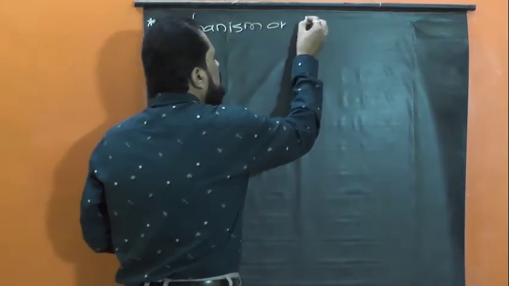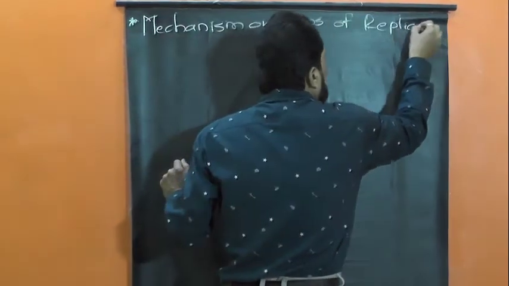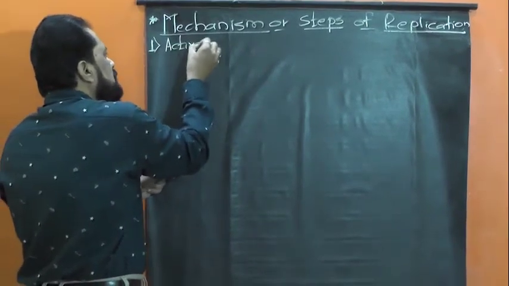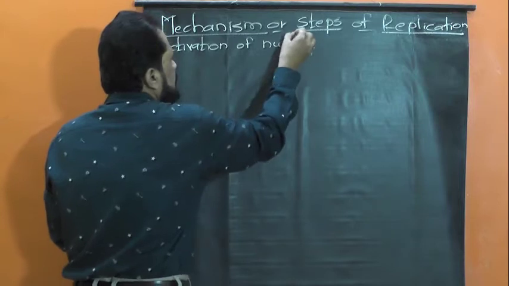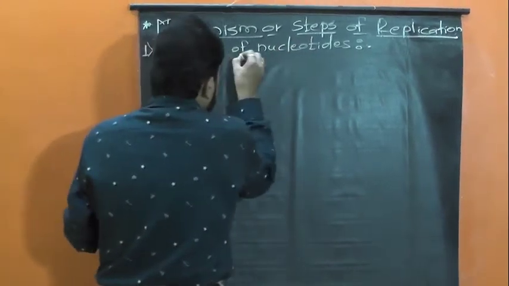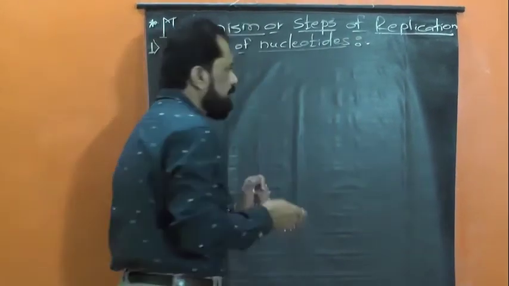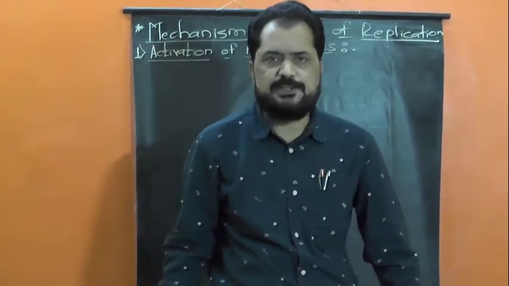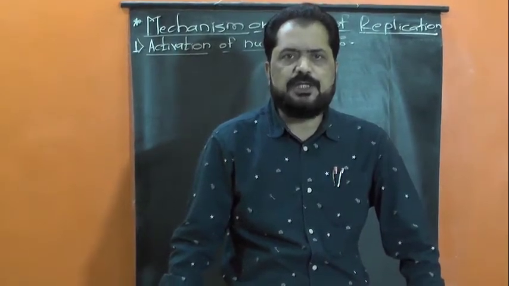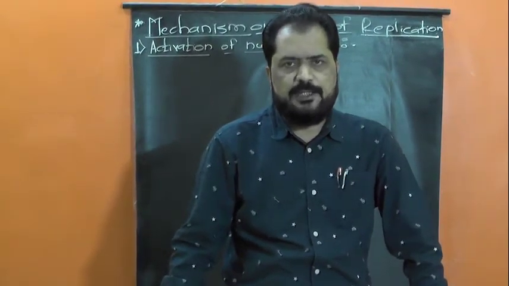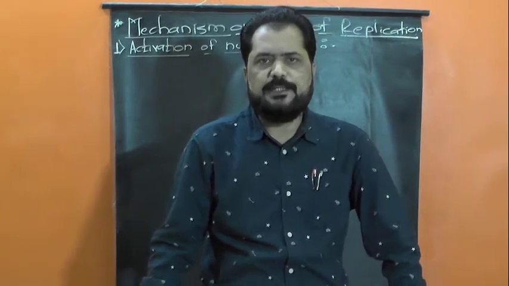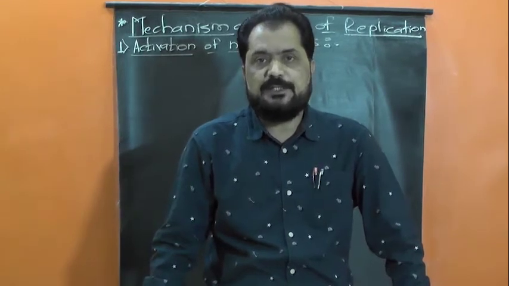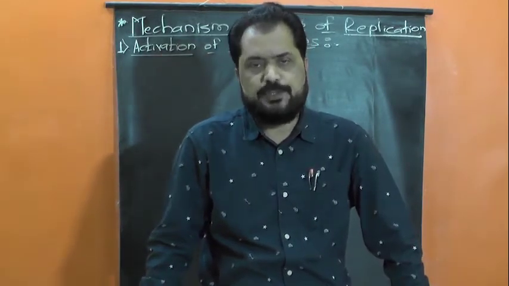Mechanism or steps of replication. First step, activation of nucleotides. Just now I told you DNA is made up of two anti-parallel strands of four different types of deoxyribonucleotides.